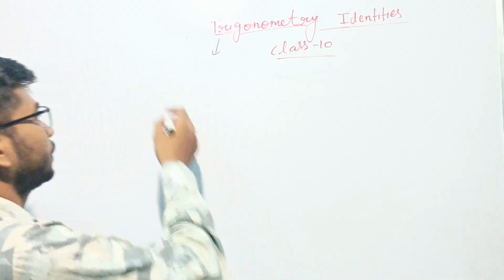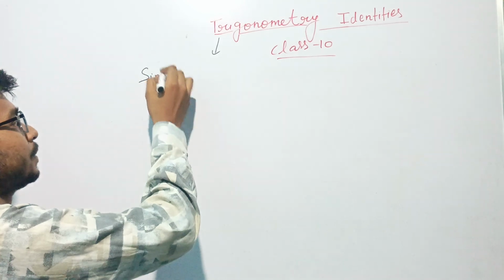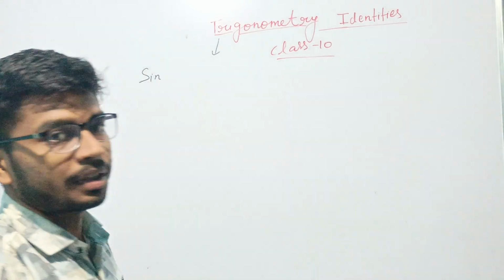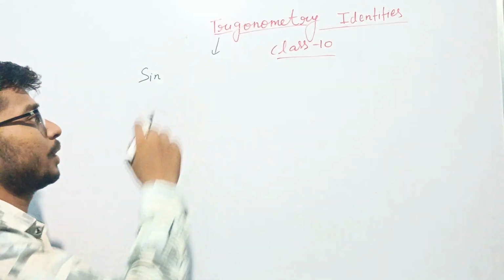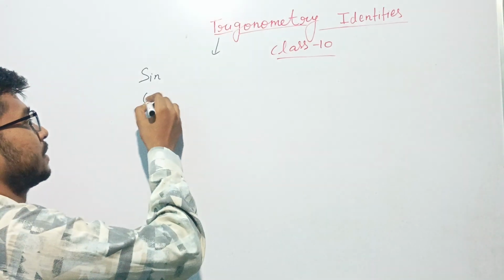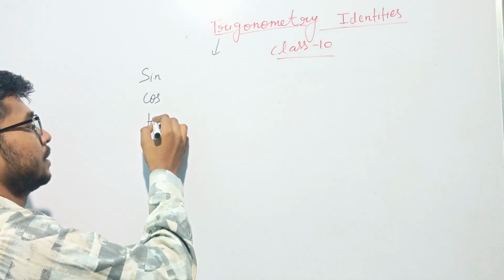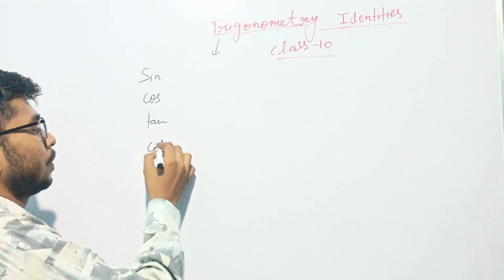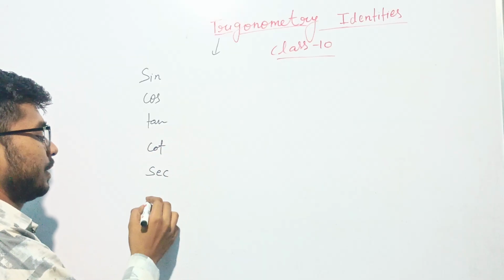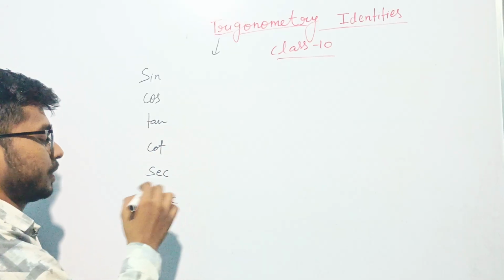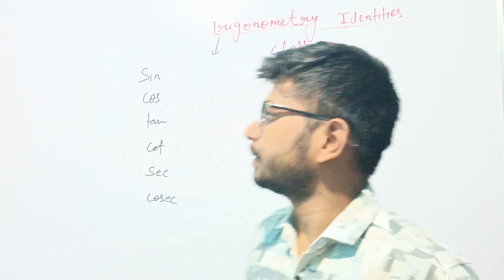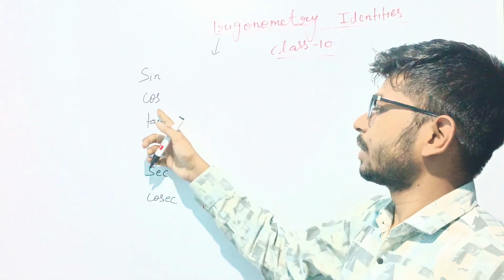So, trigonometric identities. To understand trigonometric identities, first let's understand some trigonometric functions: sine, cos, tan, cot, sec, cosec. Okay, so these are the 6 trigonometric functions.